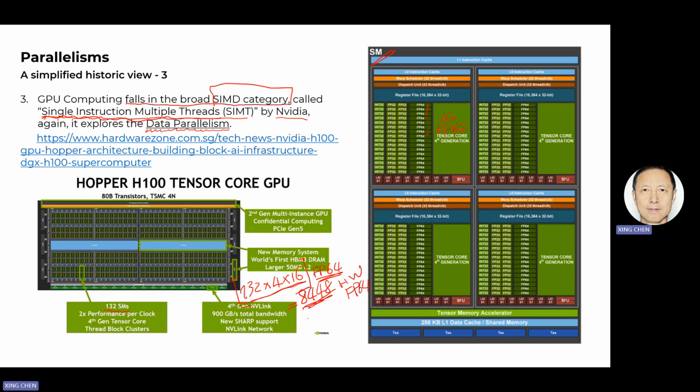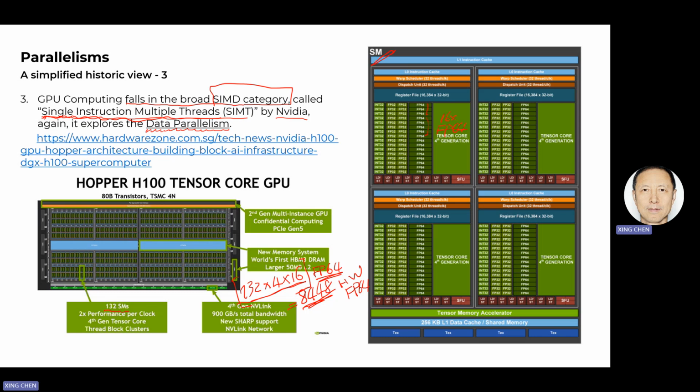With GPUs, you can switch from one thread to another in one slot, very, very quickly. That means on 8,448 hardware units, you can run at the same time much more than 8,448 threads. For CPU computing, usually we have one thread per hardware core.